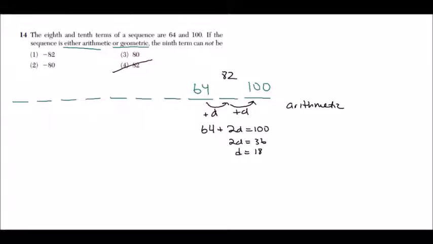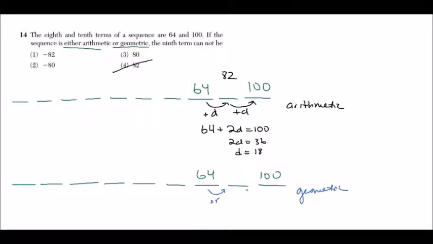But let's verify this by actually finding the r. So we still have 64 and we still have 100, but in the case of a geometric sequence, we would multiply by r and then multiply by r again.